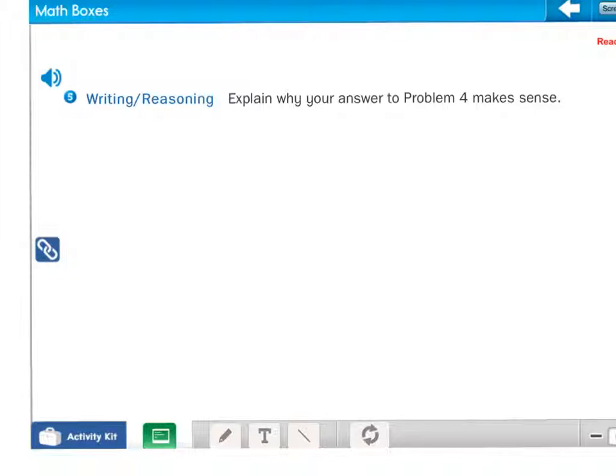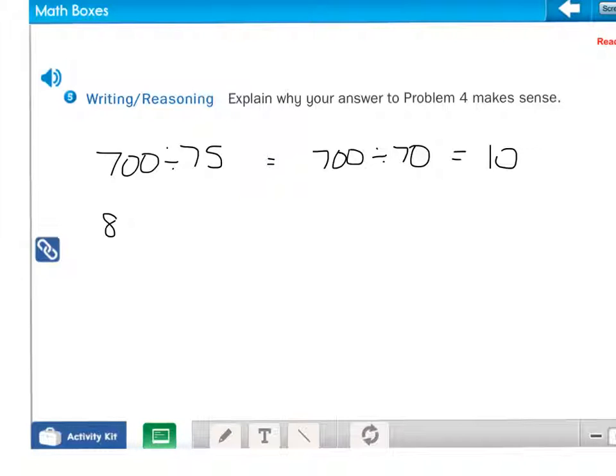And again, I took that 700 divided by 75, and again, did some rounding, some estimations. 700 divided by 70, again, equaled that 10. And then that 800 divided by 54, remember we made that 800 divided by 50, which again equaled the 16.